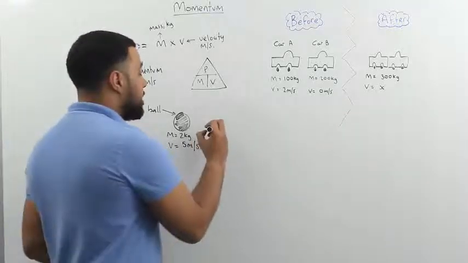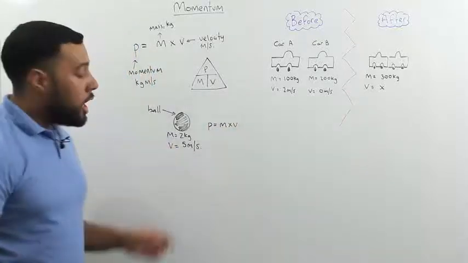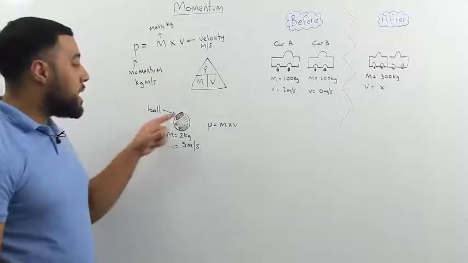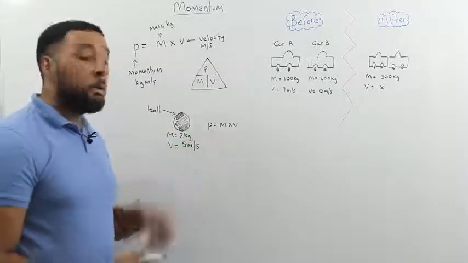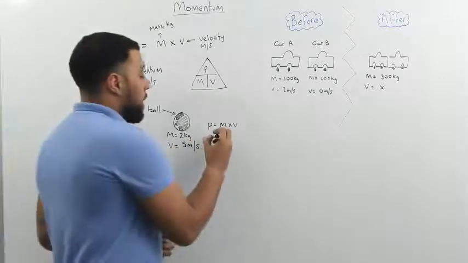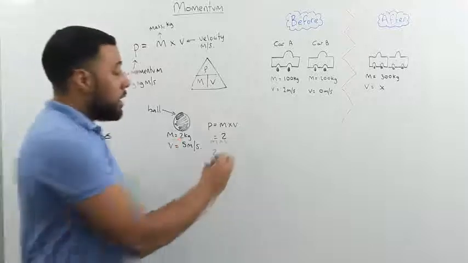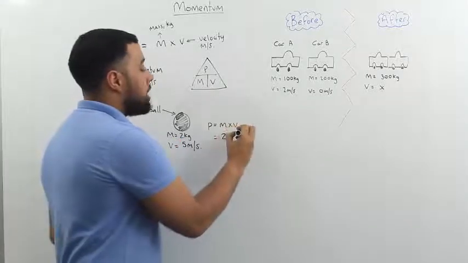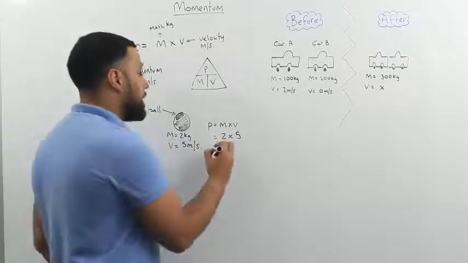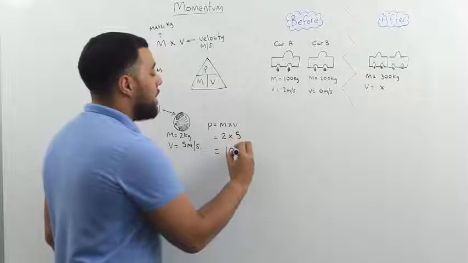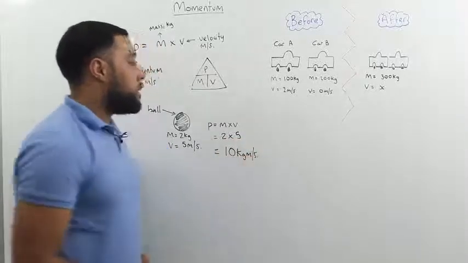Well, it would be quite easy because we just write out our equation, and you can see that I don't need to rearrange this equation because I can plug the numbers straight in to get momentum. Mass is equal to 2 kilograms and velocity is 5. So typing that into my calculator, 2 times 5, it gives me a momentum of 10 kilogram meters per second.